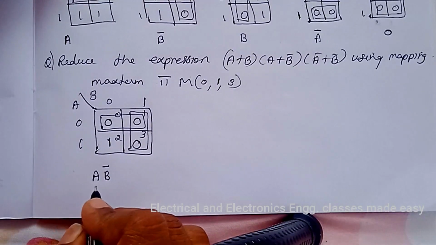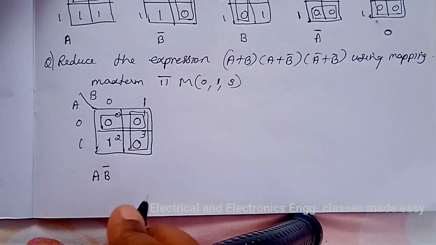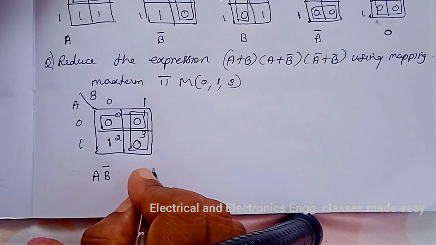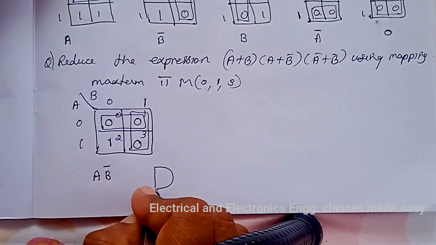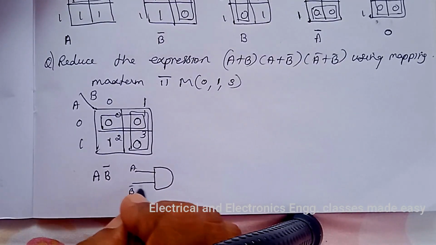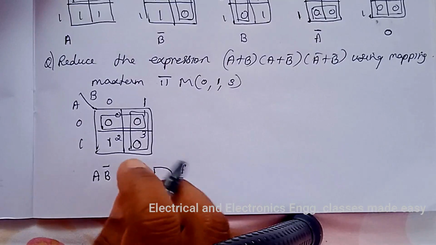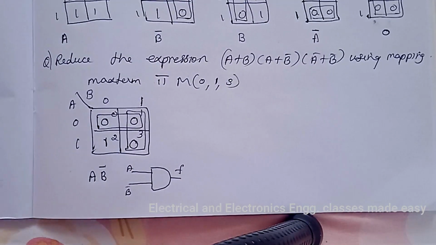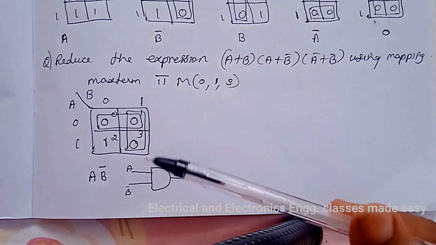So the answer is a b bar. And we can draw the logic diagram as a, and this is b bar. This is the output. So this is about the two variable Kmap.